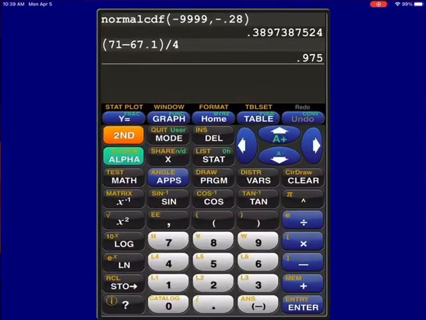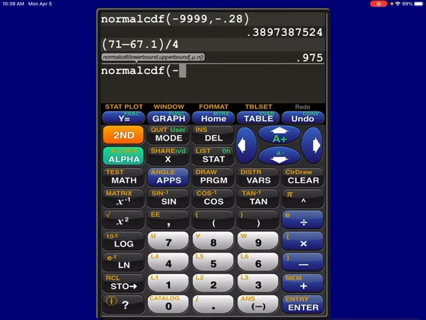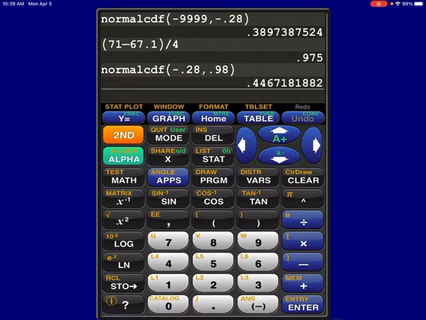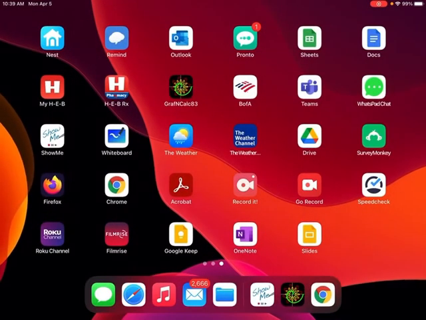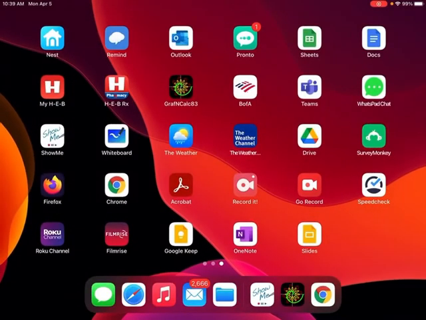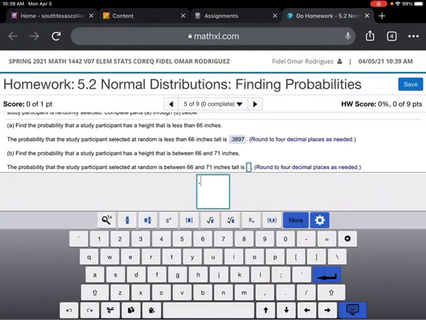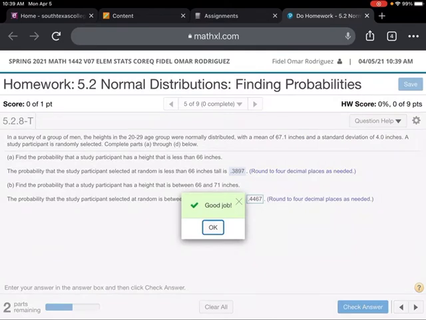I'm going to go second vars, normal CDF, negative 0.28, comma, 0.98, close it off, and I'm coming up with 0.4467. Okay, and let's check our answer. So right here, 0.4467, and there we go, we got it, okay.